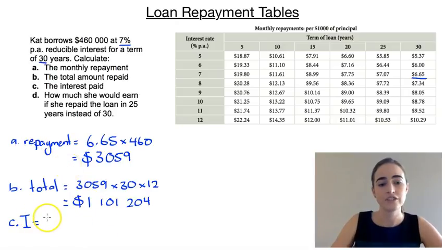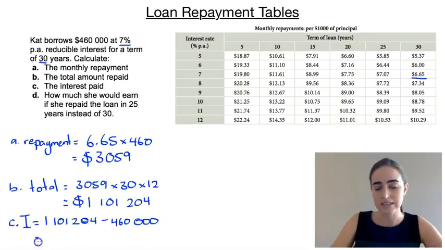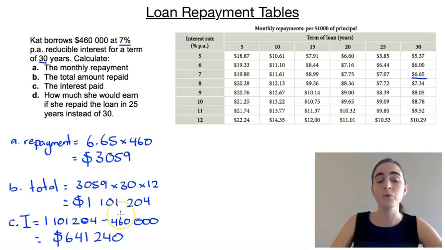So to find out interest, we're going to go that 1,101,204 minus the 460,000, and that's going to give us 641,240. So she ended up paying more than double what she initially had. So this is her interest that was charged.